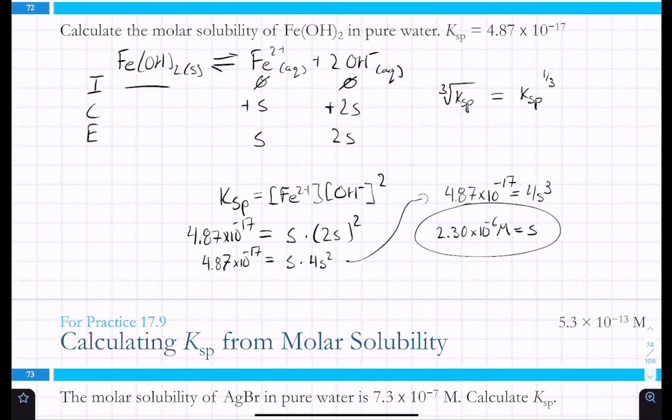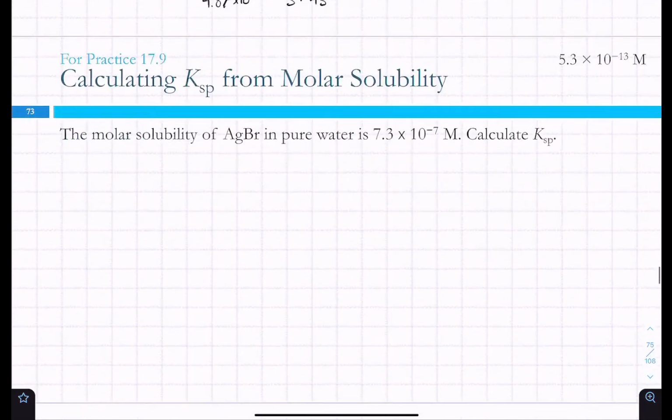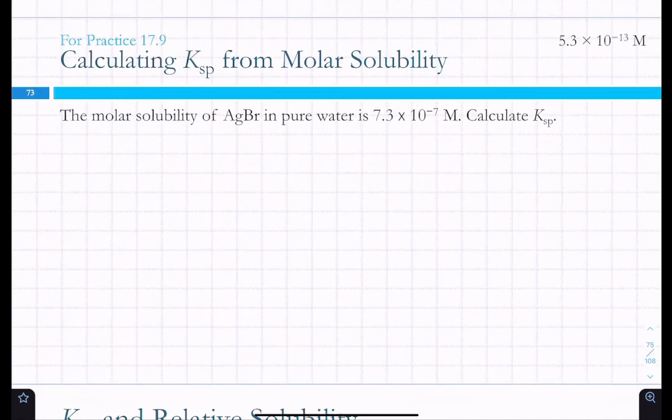Good. So molar solubility, pretty easy so far. Kind of really simplified equilibrium stuff.